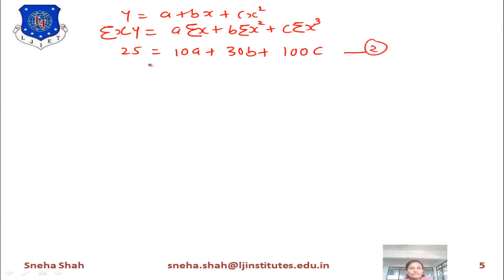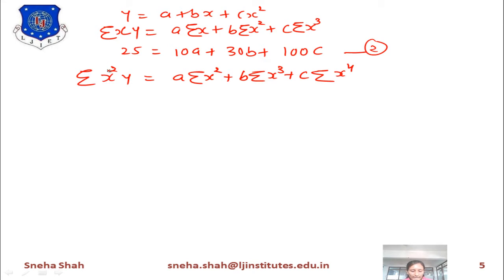Similarly, this equation will now be multiplied by x square. So the terms become like this: x square y equals ax square plus bx cube plus cx raised to 4. And when we take summation on both sides, it will look like this, in the form of summation.